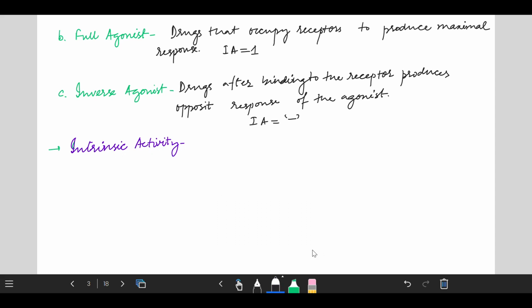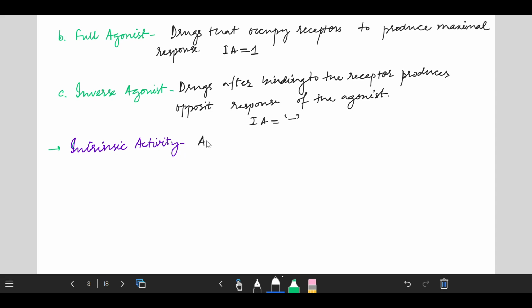Intrinsic activity is used to indicate actual efficacy. We will understand later, okay? It is the ability of a drug to activate a receptor once it has bound to it. It means after binding to the receptor, how much is the ability of the drug to produce the effect, okay?